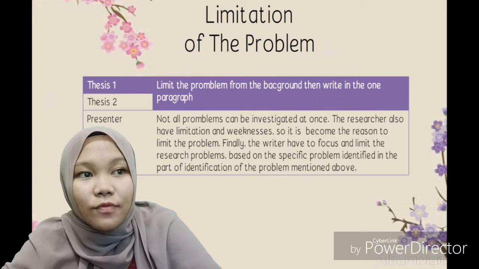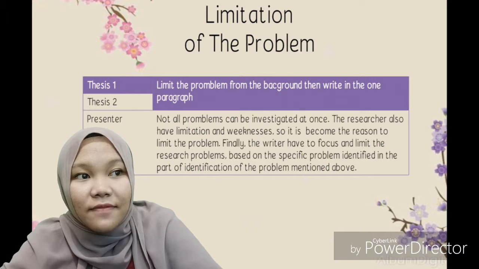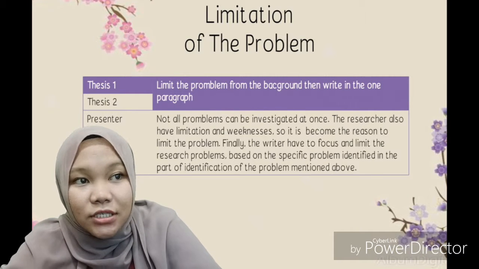Finally, the writer has to focus and limit the research problem based on the specific problem identified in the part of identification of the problem mentioned above. From the thesis, you can see in my slide, the researcher limited her problem. In the identification of the problem, the researcher made 5 or 6 problems. In the limitation of the problem, the researcher limited the problem, so the researcher can focus on solving the problem in her thesis.